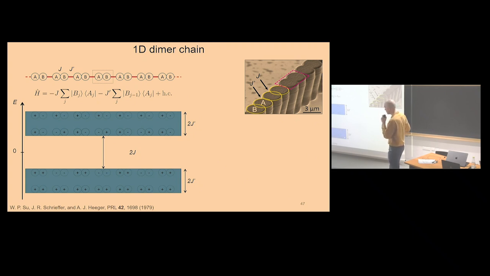So it's the bonding of the bonding states, if you want, and this is the anti-bonding of the bonding states. So you have plus, plus, minus, minus, plus, plus, minus, minus. And if you go into the upper band, then the states carry the anti-bonding symmetry. So you have plus, minus, and here it's the bonding state of the anti-bonding: plus, minus, minus, plus, plus, minus, minus, plus. And here is the fully anti-bonding configuration where you have plus, minus, plus, minus, plus, minus.